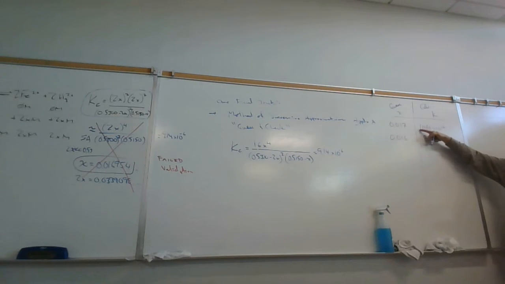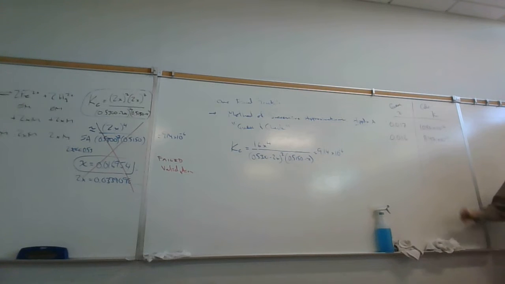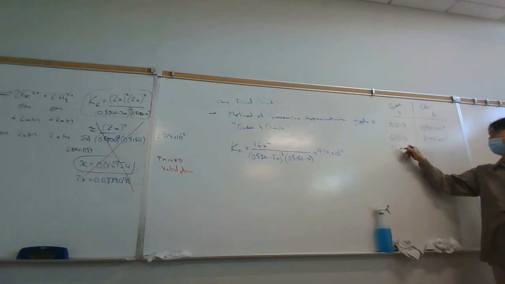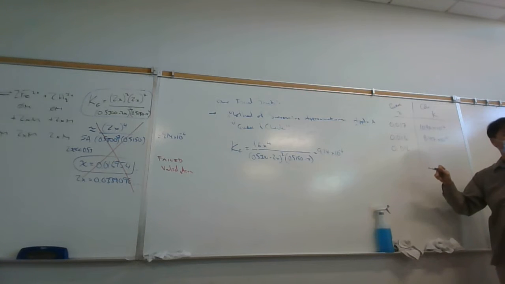So it looks like it's between these two. I'm shooting for 9.14. Which one's closer? 9.14 is closer to 17 or 16? Looks like it's closer to 16. And so what do you want to do next then? Something closer to 16. So I'm going to go 16.